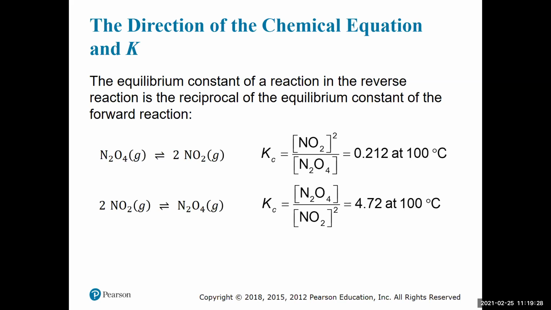And that would be that equilibrium constant. If we wrote the reaction the other way, we would flip that concentration relationship. So if we flip that, then we've got to flip the equilibrium constant as well.